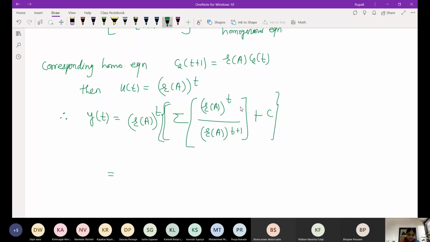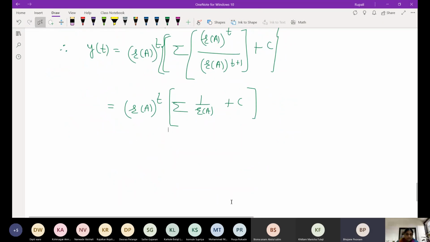So what will be this? R of A raised to t summation 1 upon R of A plus c, right? So c will be 0 because C2 at 0 is 0, so I need not write this one.